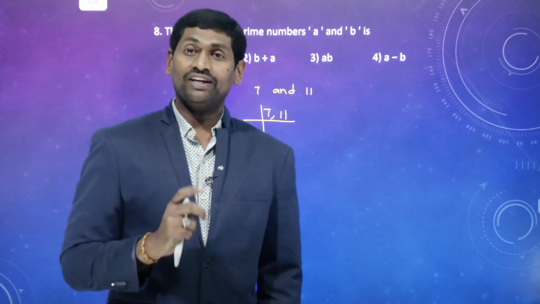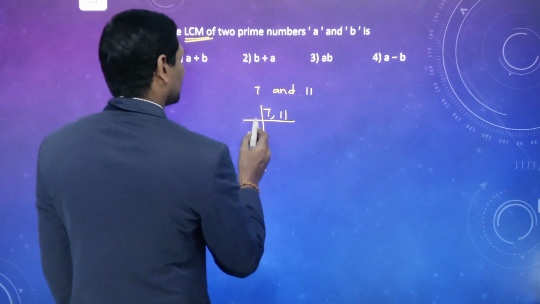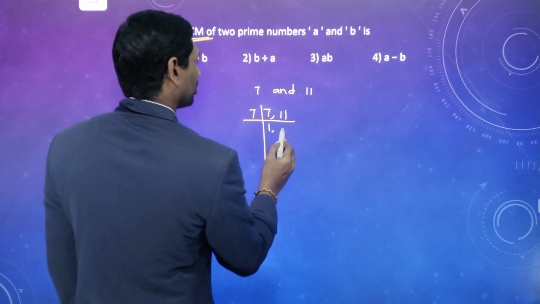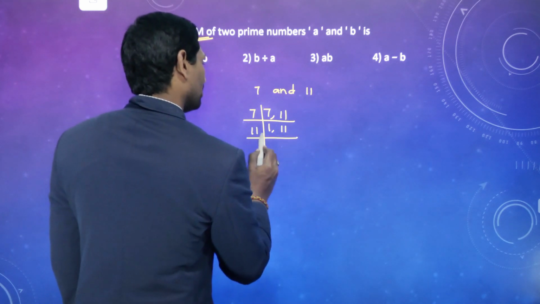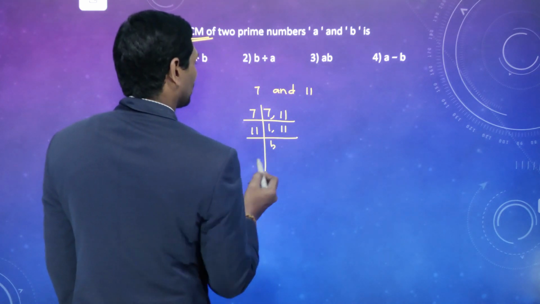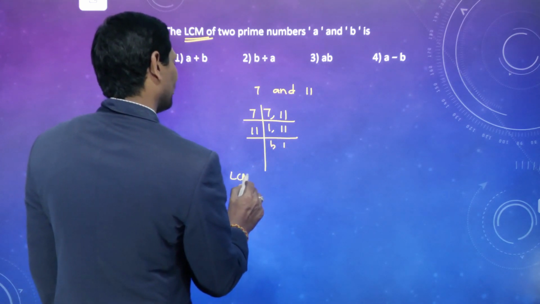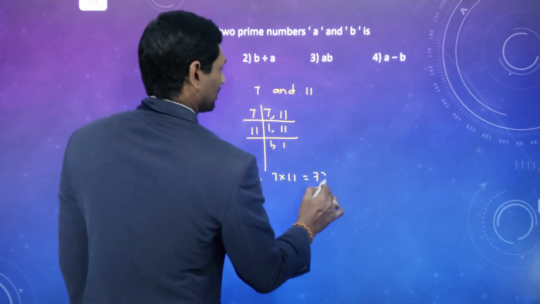There is no common factor to check the table, only 1 is a common factor. So if you want to find it by division method, 7 ones are 7. 7 table 11 won't come, 11 as it is 11. And again 11 table 1 won't come, 1 as it is 1. 11 table 11 one time. So therefore LCM is nothing but 7 into 11, that equals 77.